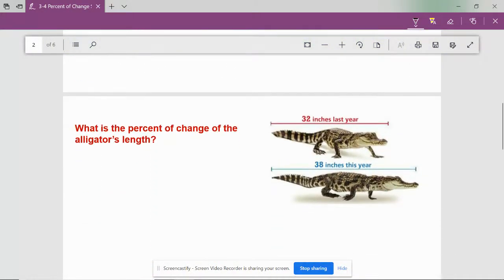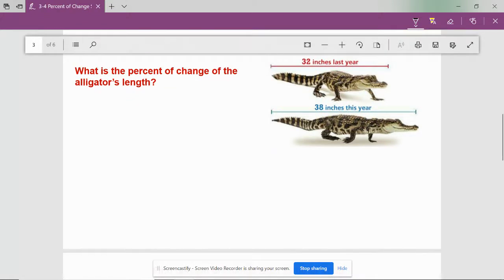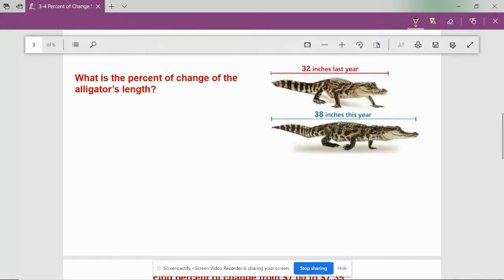Our first problem is: what is the percentage of change of the alligator's length? The alligator last year was only 32 inches. This year it's 38 inches. To set this up, we need to find the amount of change first.